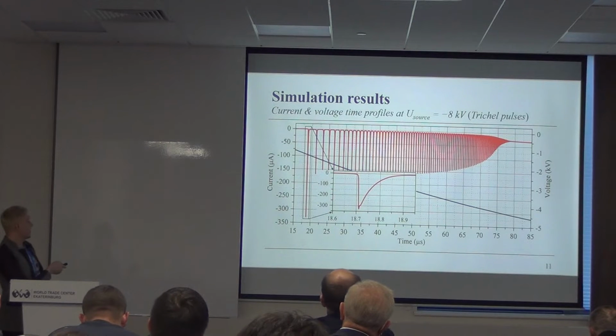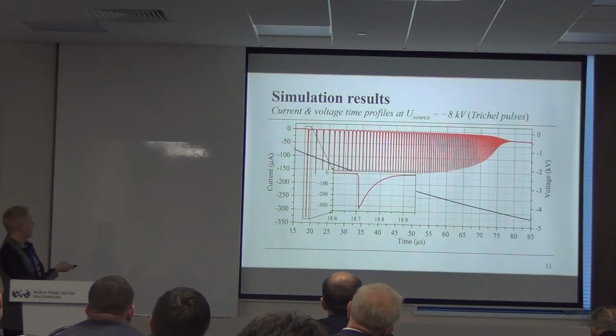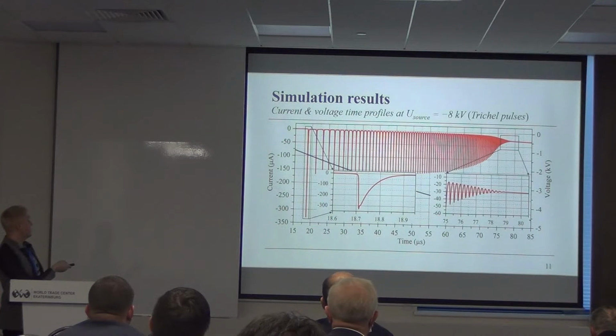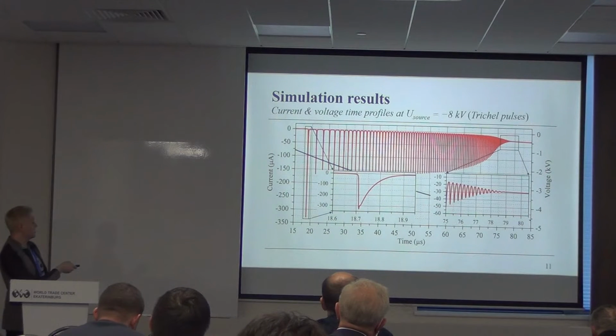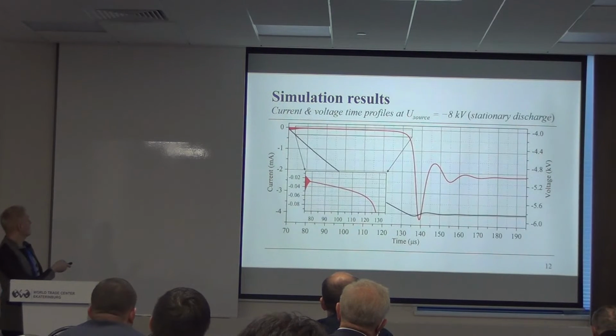The repetition rate increases in time. The amplitude decreases in time too. At the end of the Trichel pulse sequence, you can see the pulses decrease and transition to a stationary current.